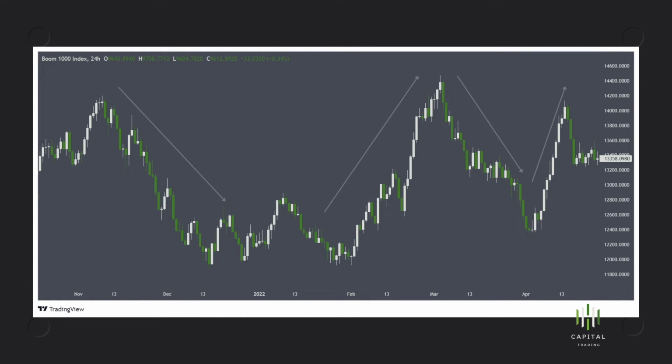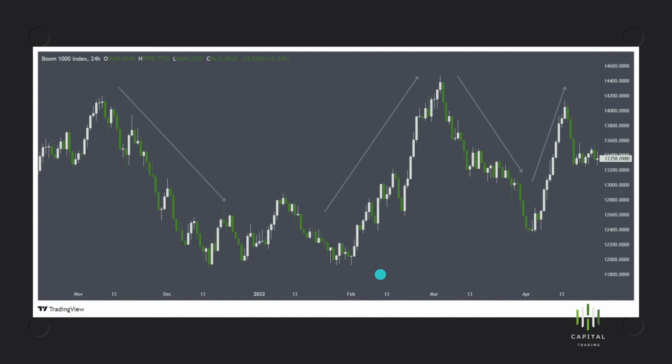This was in between 2021 and 2022. So from 2021 up to January 2022, Boom 1000 has been dropping, right? This was the trend, and then for some reason we had a market reversal. When the market reversed, the trend direction changed, and from January 2022 until March, the market was trending on the upside.